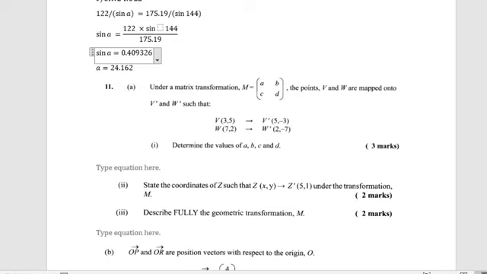So basically we're going to be using matrices to solve for this.